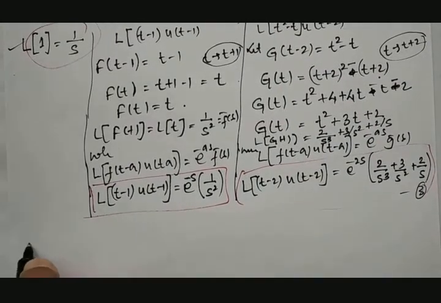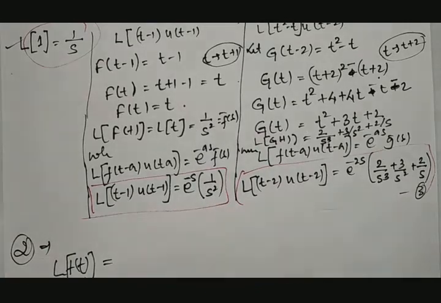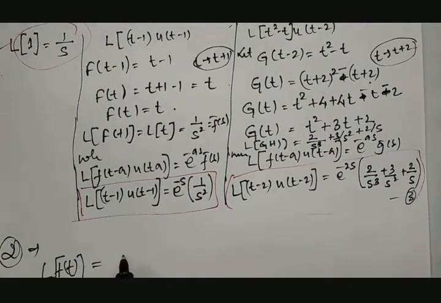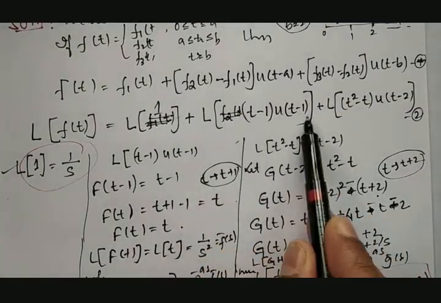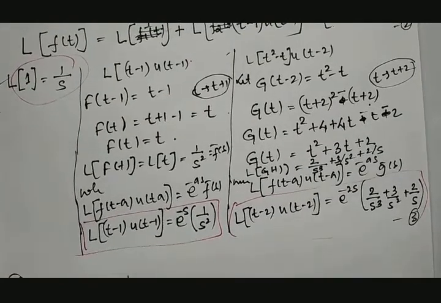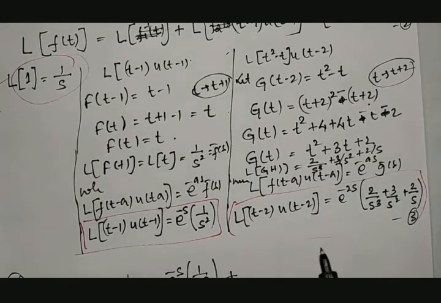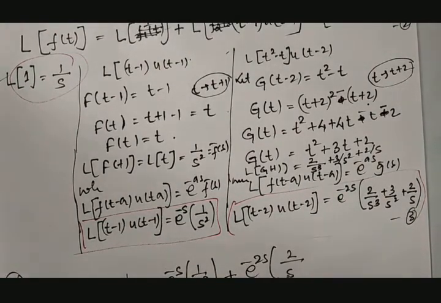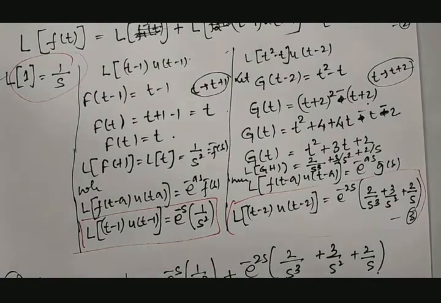Equation number 2 becomes Laplace transformation of f of t is equal to Laplace transformation of 1, which is 1 by s, plus e raised to minus s into 1 divided by s square, plus e raised to minus 2s into 2 divided by s cube plus 3 divided by s square plus 2 divided by s.